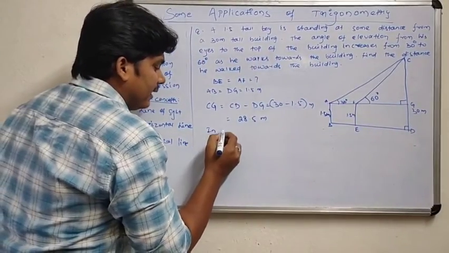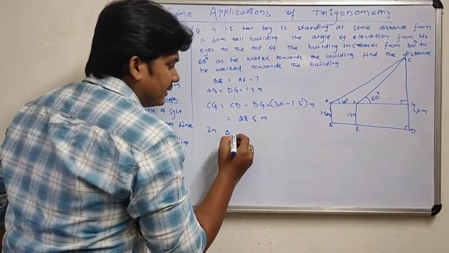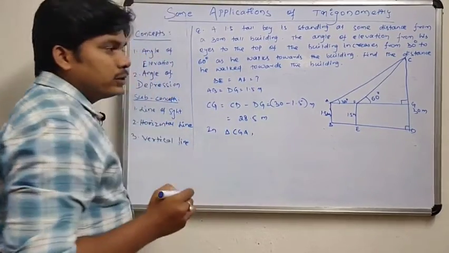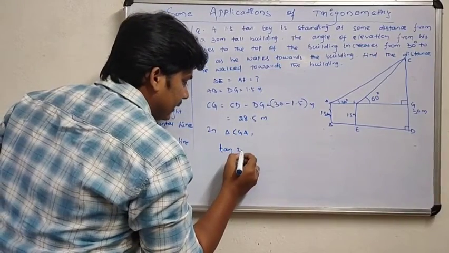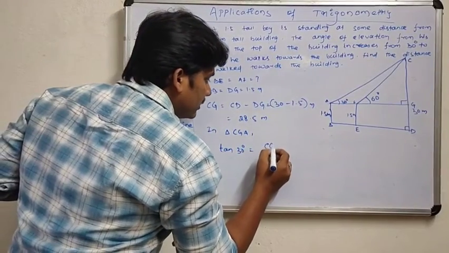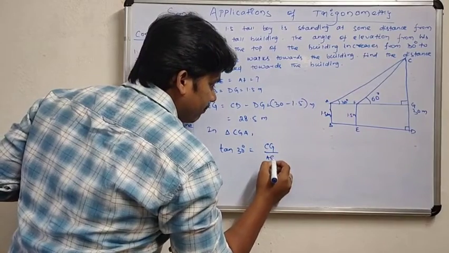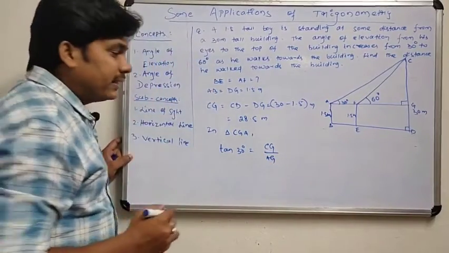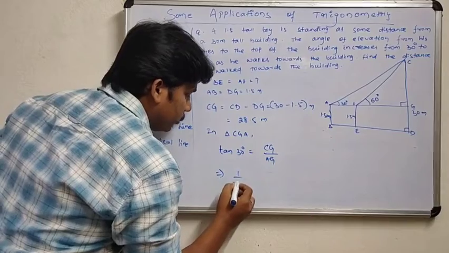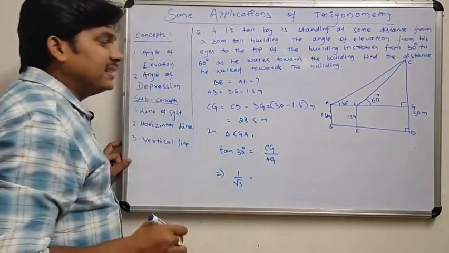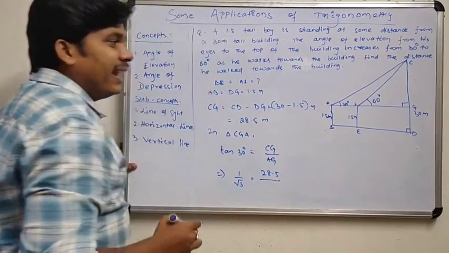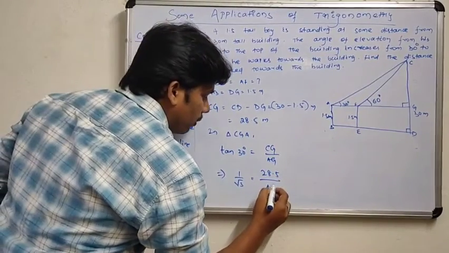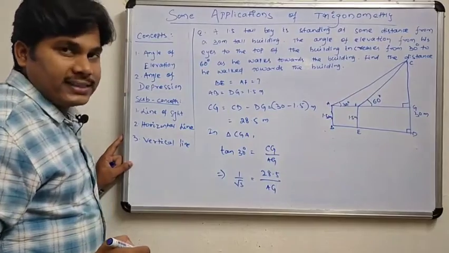In triangle CGA, I can use the tan ratio, that is tan 30 degree is equal to CG by AG. As we know, tan 30 is 1 by root 3 and CG we know is 28.5 meter. AG we don't know.